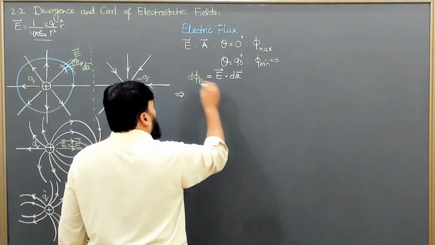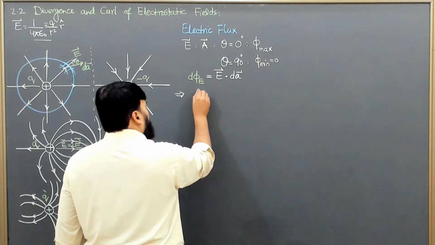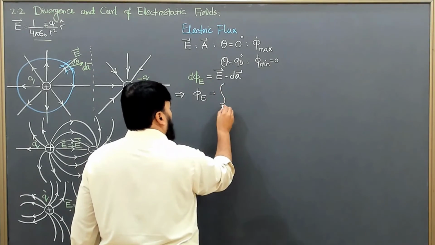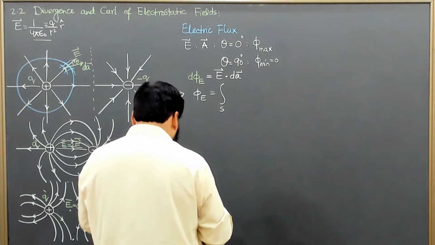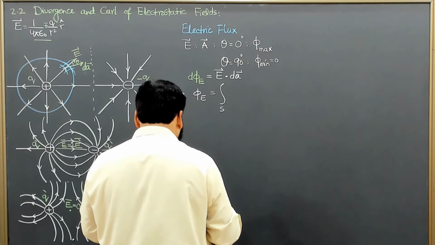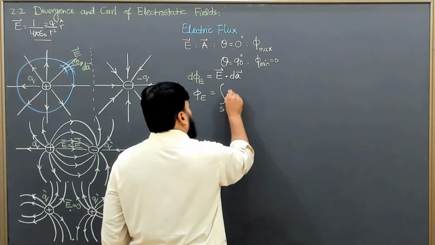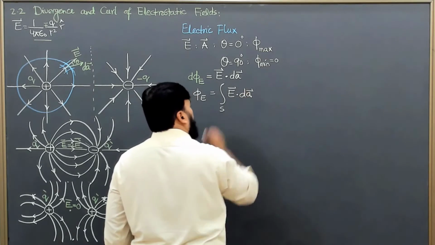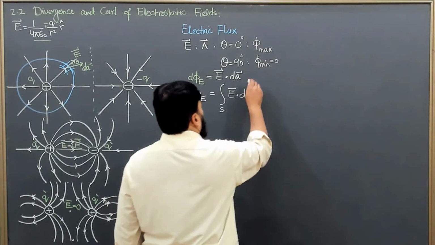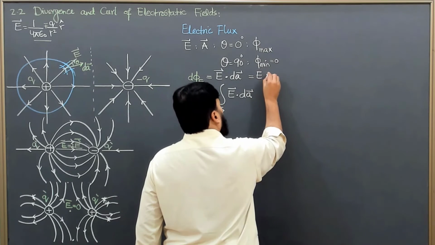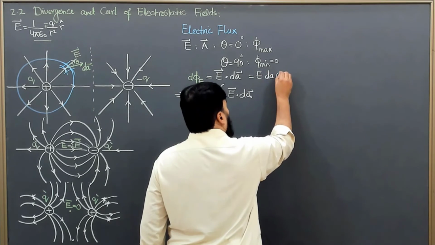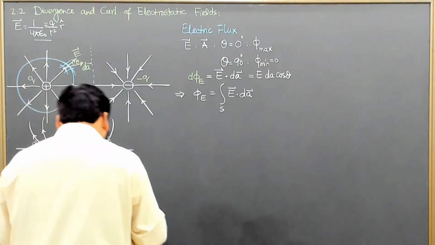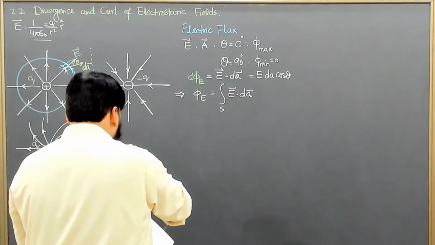If we integrate both sides, this is equal to phi E, the differential will be gone, and we will have an integral on a surface. This may not necessarily be a closed surface. This is equal to the integral of E dot dA, which is E dA cos of the angle between these two vectors.